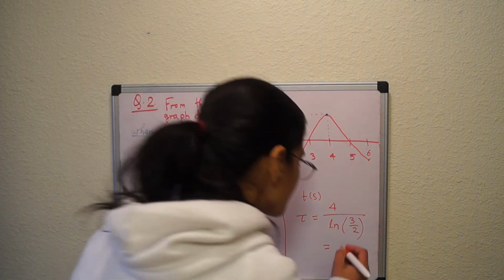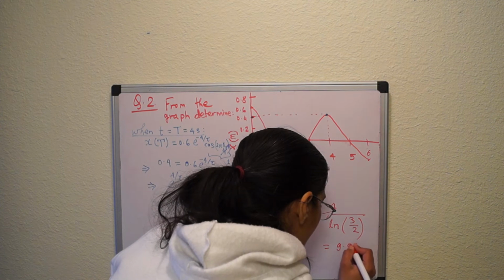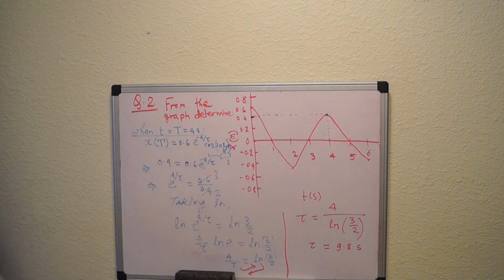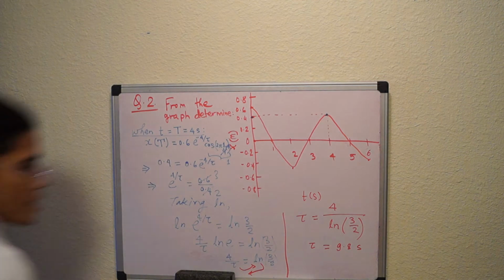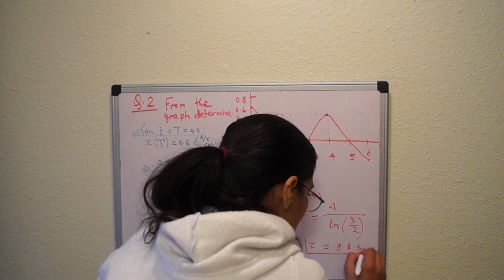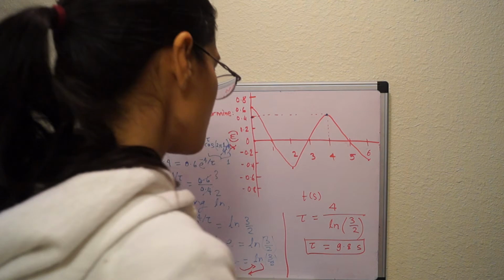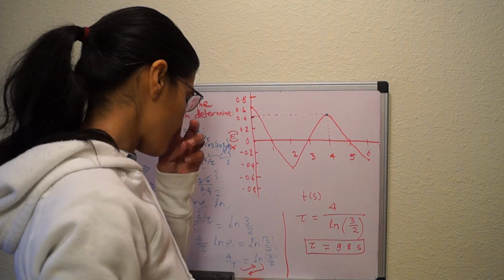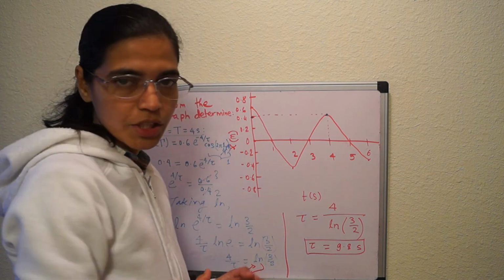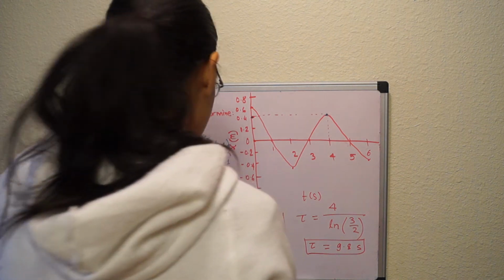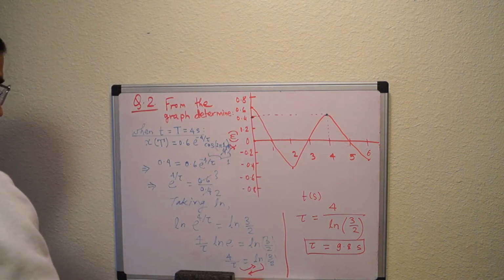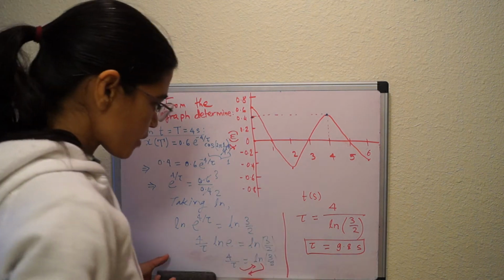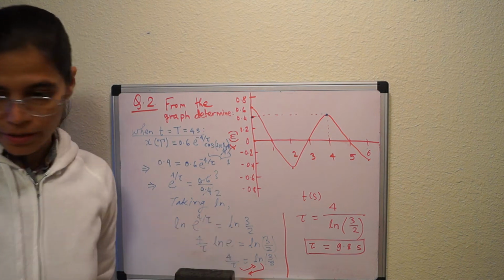It turns out this is 9.8 seconds. That's the tau. So this is the time constant, 9.8 seconds is the time constant for decay of oscillation. Alright, this is how you find the time constant. Please take a moment to go through this and copy this.